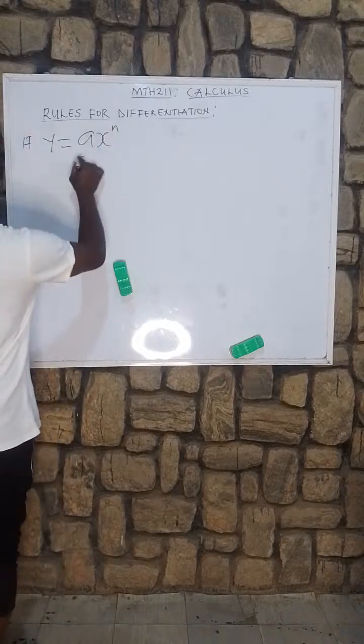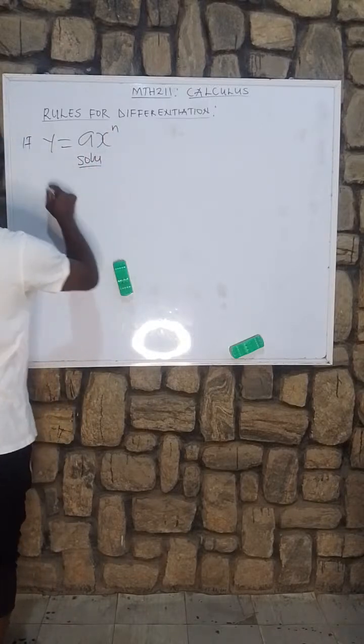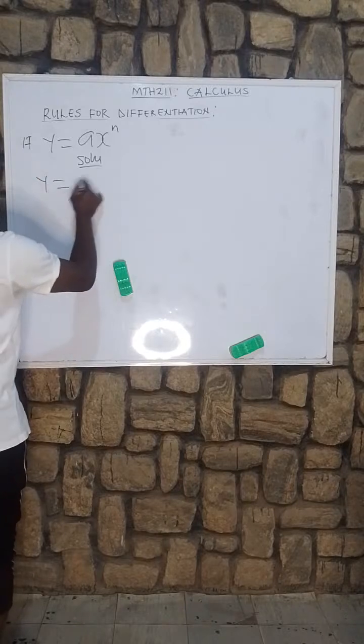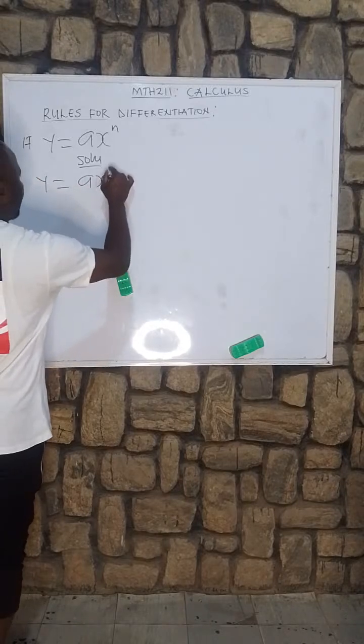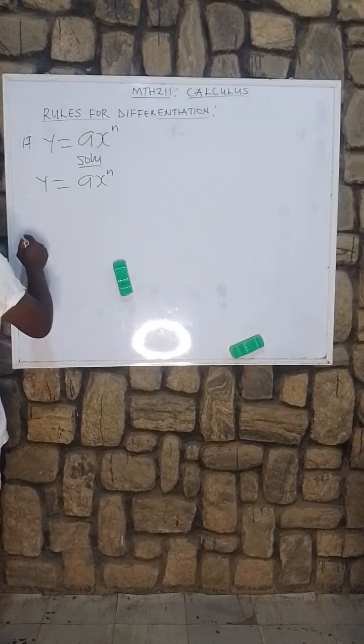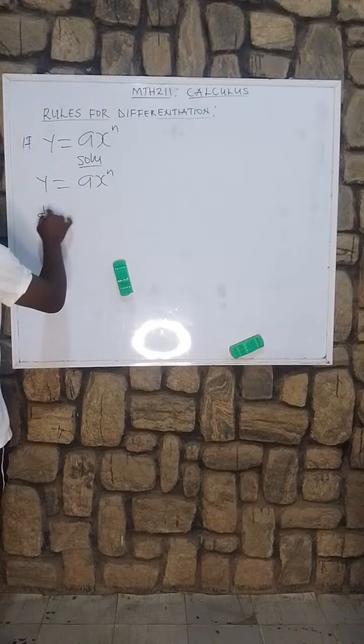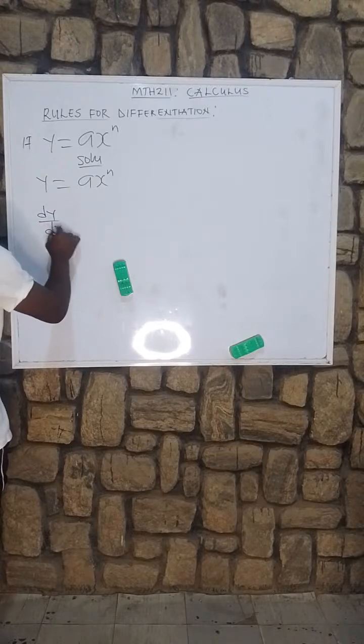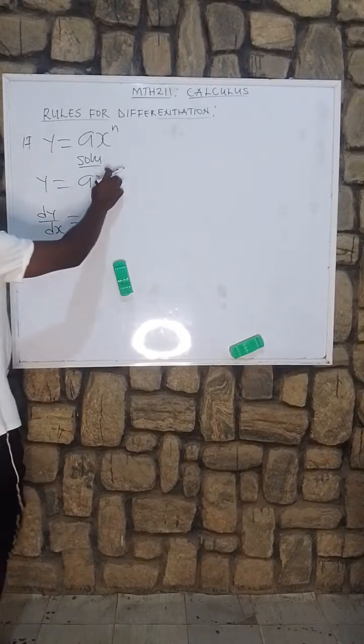So what we need to do, we write the solution. Our y is equal to ax raised to the power of n. Okay? So therefore, our dy all over dx will now be equal to, what do we have here?